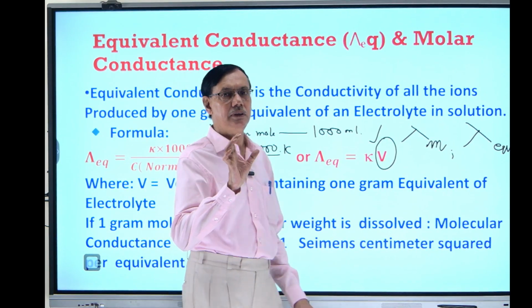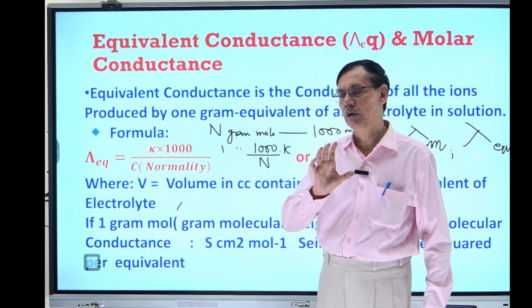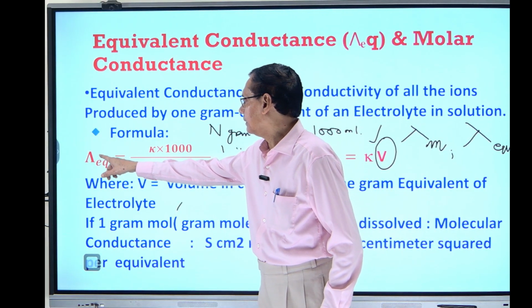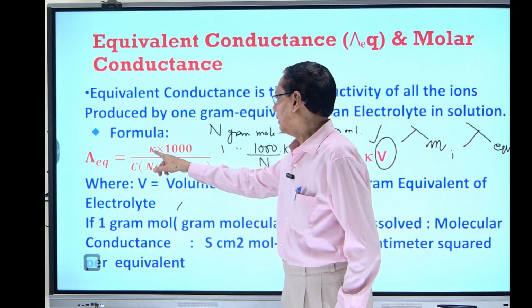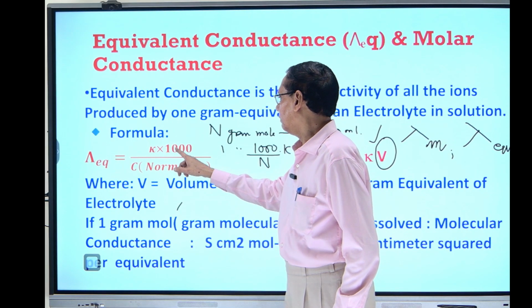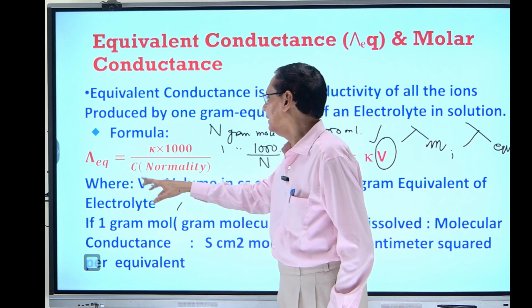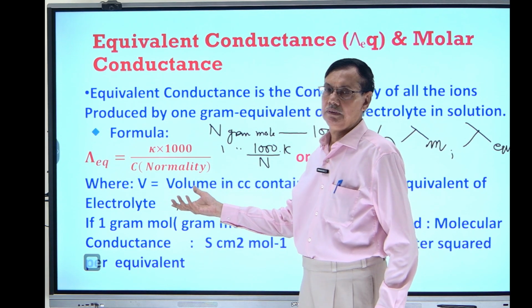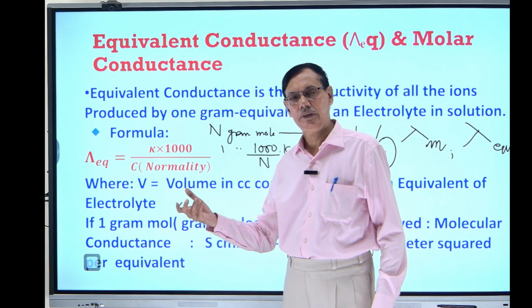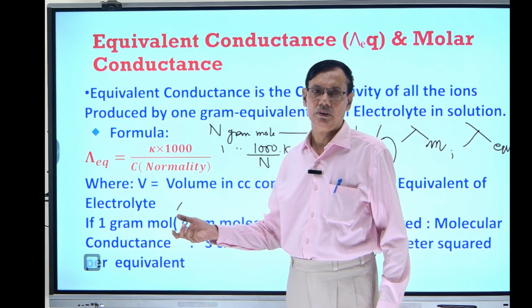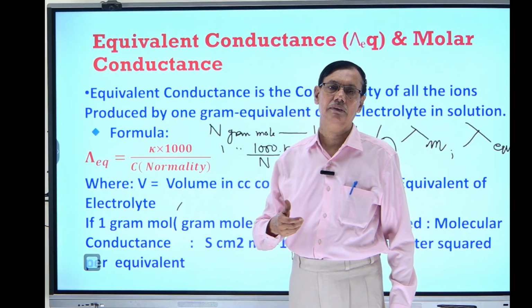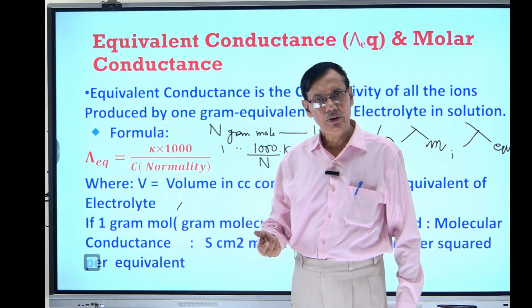So what is the final formula of equivalent conductance? It is nothing but specific conductance multiplied by 1000 divided by C. C may be, if I take the equivalent weight, normality. If I take the molecular weight, it must be molarity.